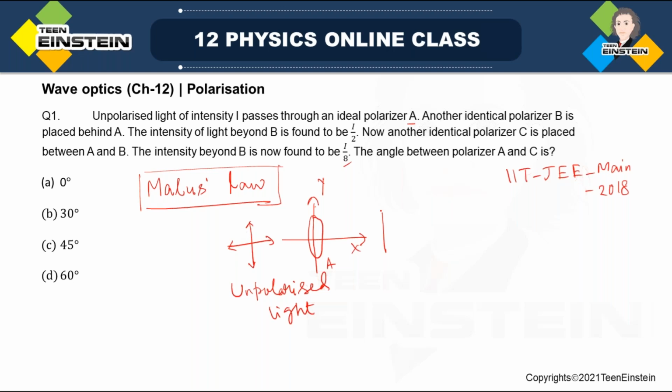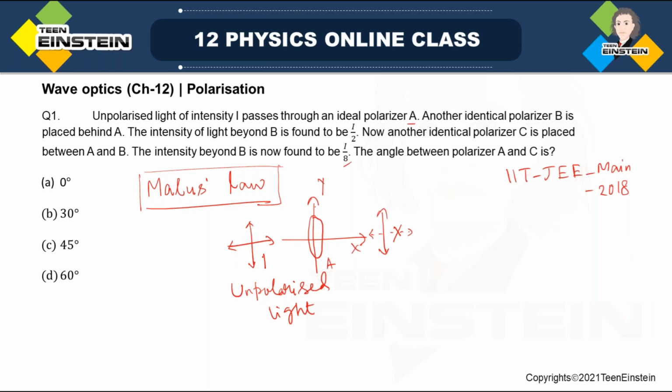Then only the electric field vector along the pass axis will pass through. You will get only the vibrations which are parallel to the pass axis, and the one which is perpendicular will get cut off. That means half of the electric field vectors are cut off. That's why if the intensity of unpolarized light is I, then here it must be I by 2.